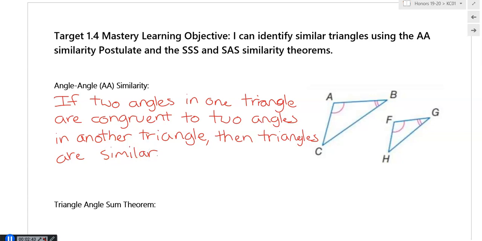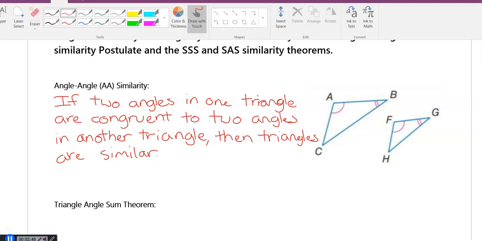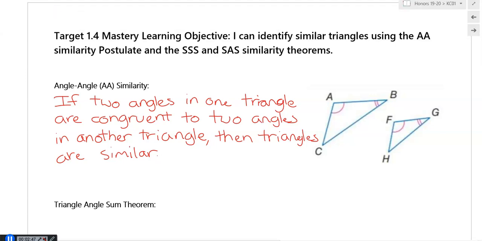Okay. So again, if you just have 2 of the angles, then we know that the 2 triangles are similar.